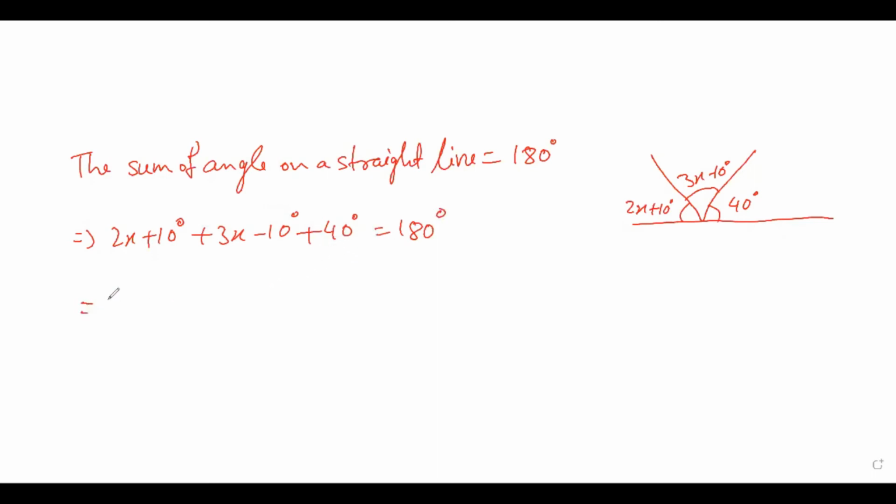So 3x plus 2x is 5x, plus 10 minus 10 gets cancelled, and this 40 degree will go there and get subtracted, so it will become 140 degree, or x is equal to 140 degree by 5, or value of x is 28 degree.